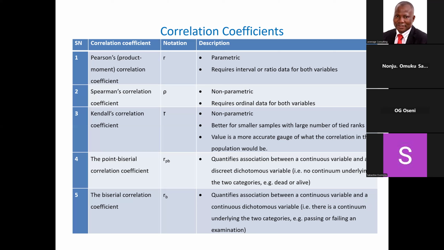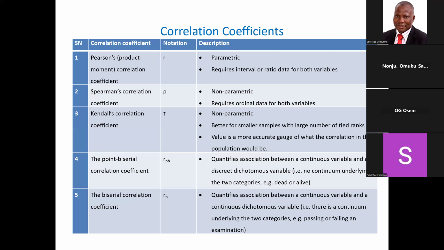When we say there's no continuum, look at male or female. Let's compare with the second one, the biserial correlation coefficient. It quantifies association between a continuous variable and a continuous dichotomous variable.